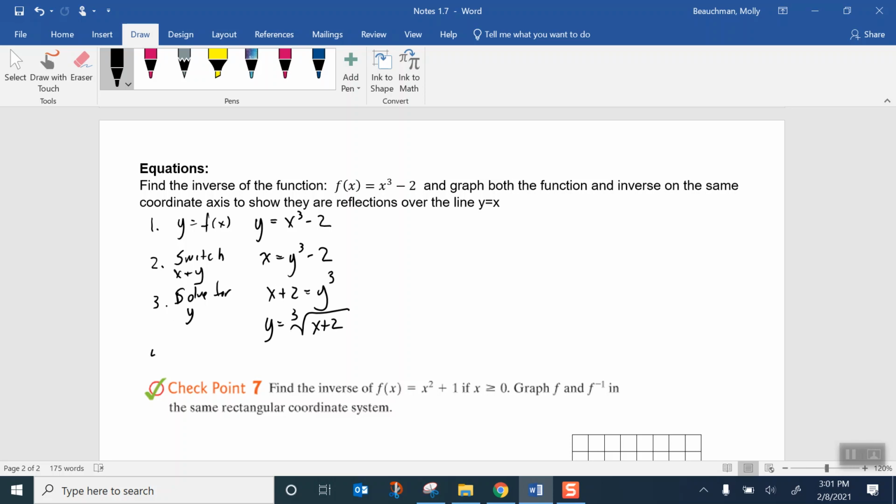When you've found the inverse, then substitute back in the right notation. Let y equal f inverse. So the inverse is the cube root of x plus 2. That's just like taking your variable and solving your equation for x, except now we're calling them inverses. So if my original function is x to the third minus 2, then the inverse is equal to the cube root of x plus 2.